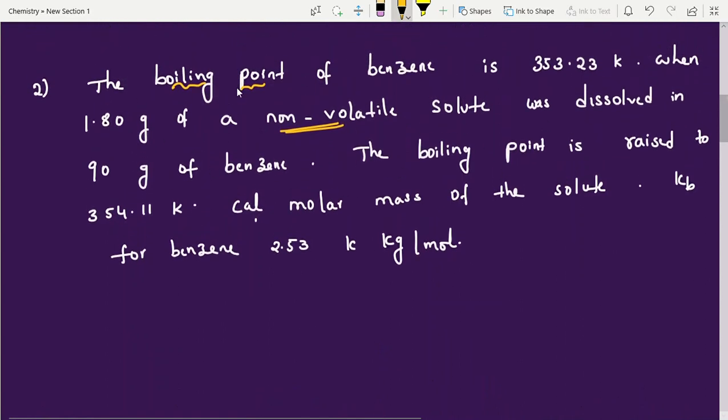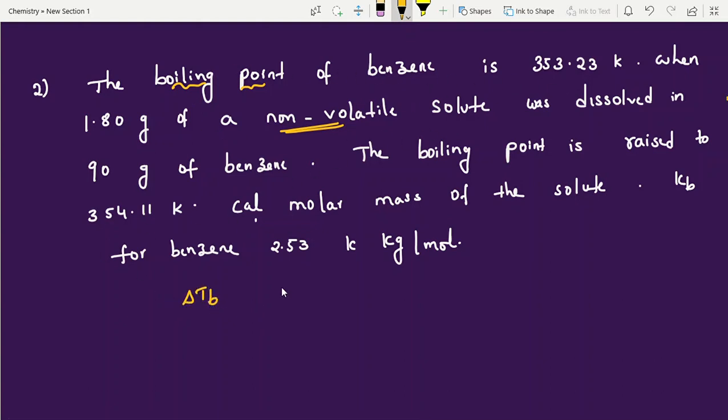See, elevation in boiling point. Boiling point of benzene, non-volatile solute. What is the related formula? Delta TB equal to molality, expand this one: W2 into 1000 by M2 into W1. This is the overall formula. Here they are asking the boiling point of benzene, that is pure benzene.